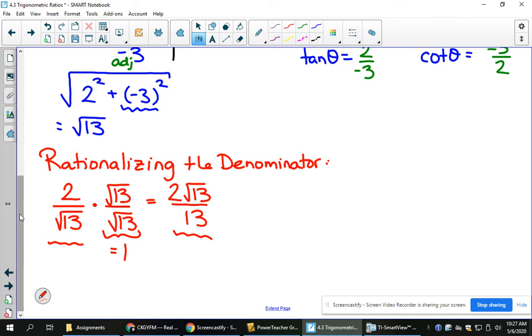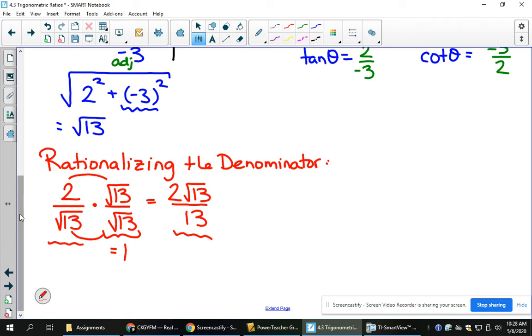Now let me step back and tell you how I did that. When you multiply fractions, you go top times top. Multiplying radicals just means put the 2 in front of the root 13. You don't multiply those two numbers together because one is a whole number and one is in a radical. You can't combine them. On the bottom, I'm taking root 13 and I'm timesing by itself.